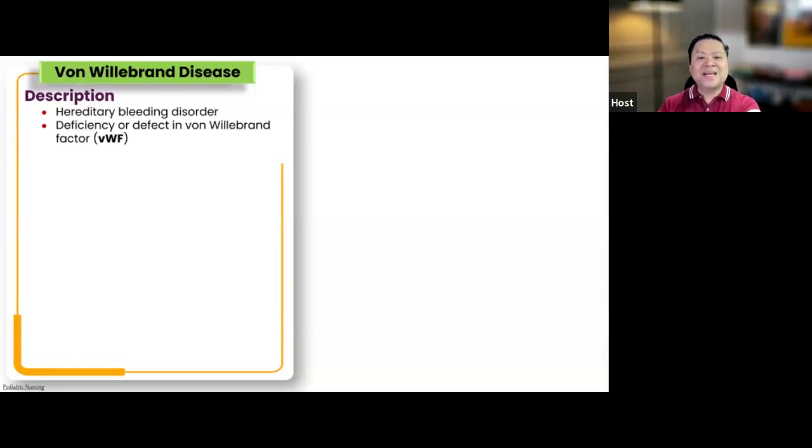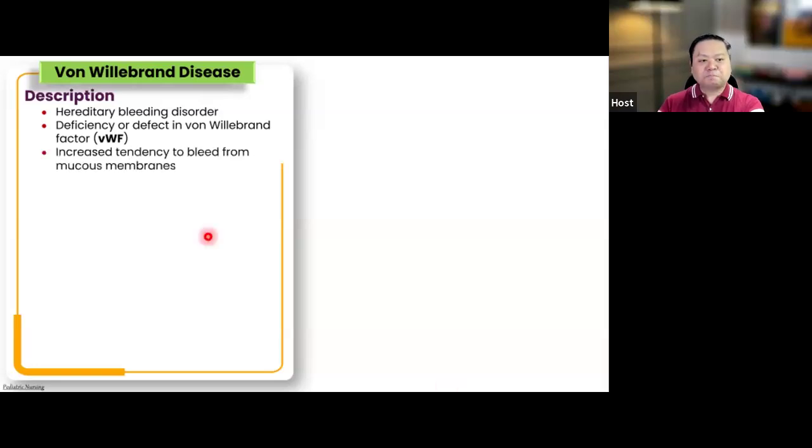This disorder basically can cause the platelets to adhere to damaged endothelium, and the von Willebrand factor protein will also serve as a carrier protein for factor 8. And so this is a disorder that is characterized by an increase in the tendency to bleed from the mucous membrane. So please take note of that.